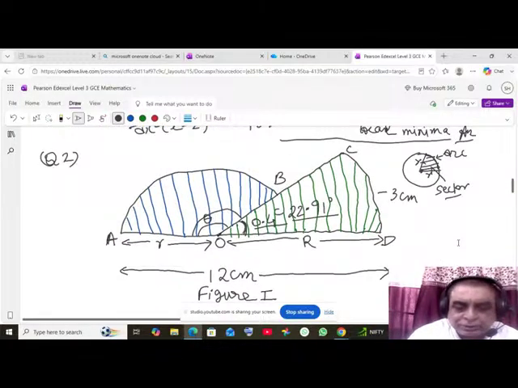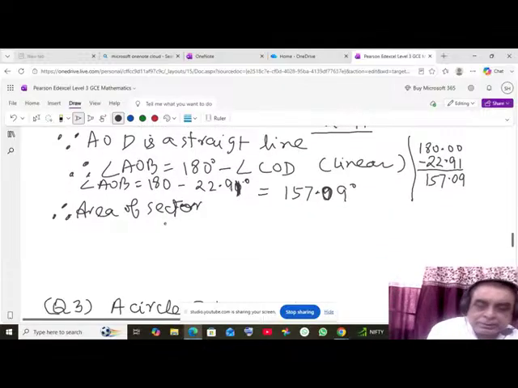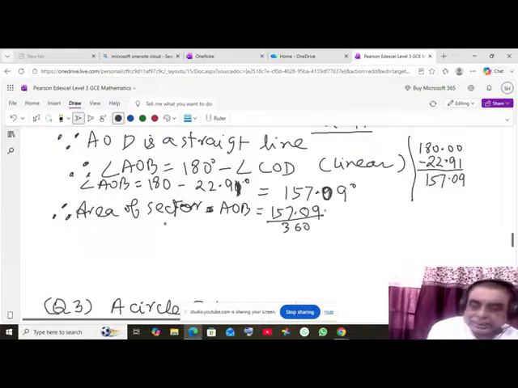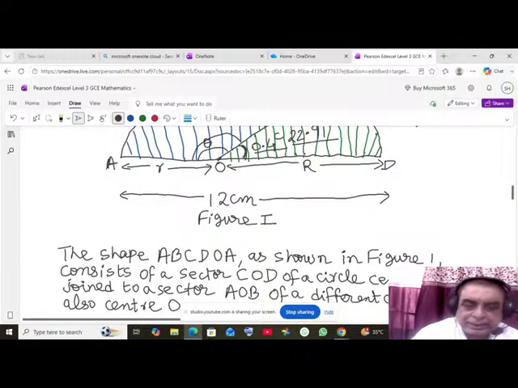So the area of the sector AOB will be the central angle 157.09 divided by 360 times pi r squared. The pi value is 22 by 7, and r squared, the r value you have to find out. That is the length of this AO.